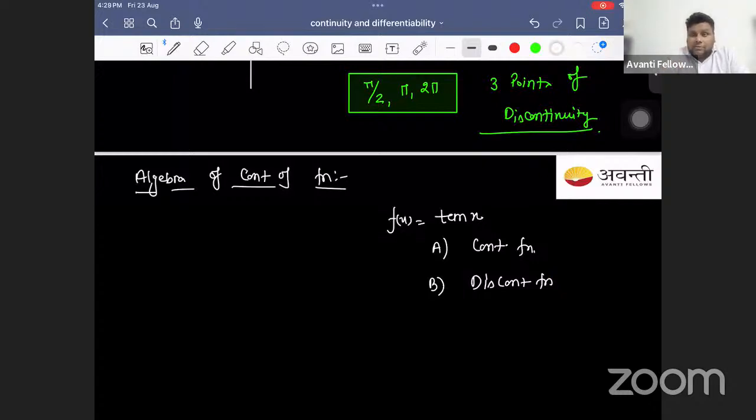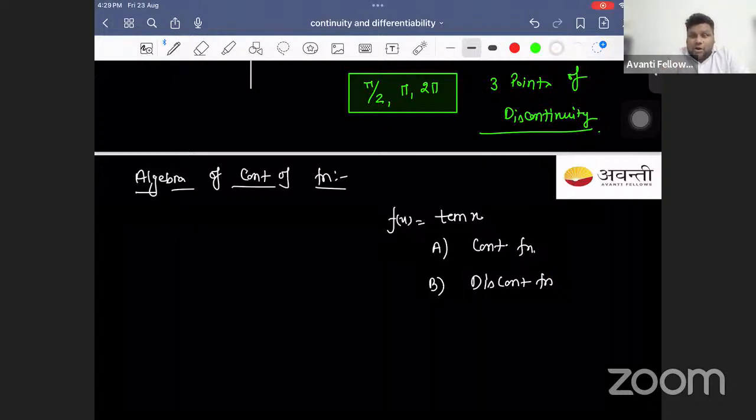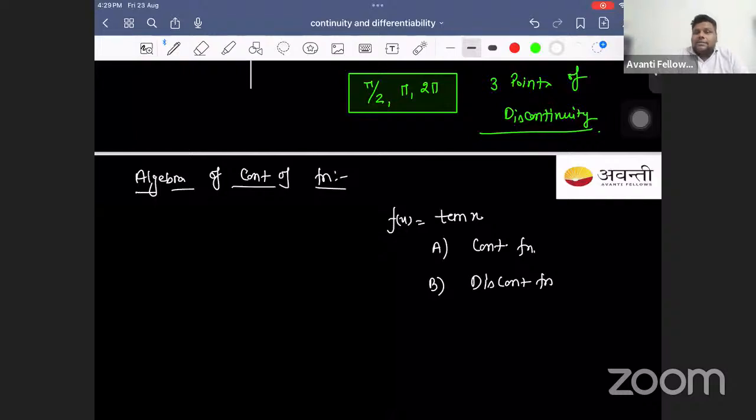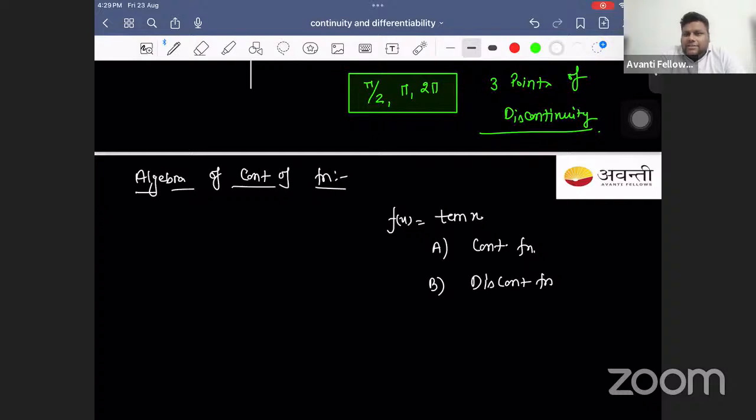All right. Out of total 9 candidates, 5 say discontinuous, 4 say continuous. Anybody who has told me that f(x) = tan x is a continuous function, please raise your hand.